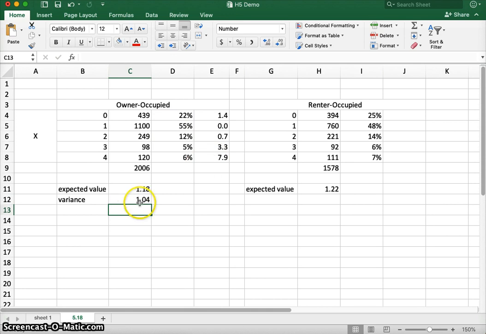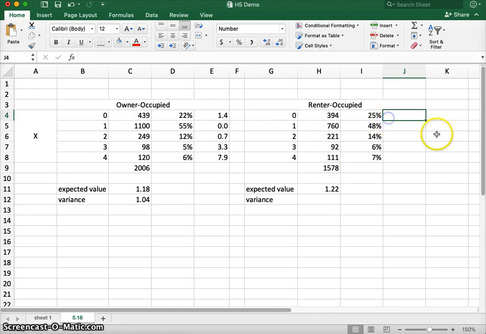So it has a variance of 1.04. Let's take a look at the variance on this one. We'll do the same thing. First we'll compute the difference between what happened and what we expected to happen, the difference between this and this.